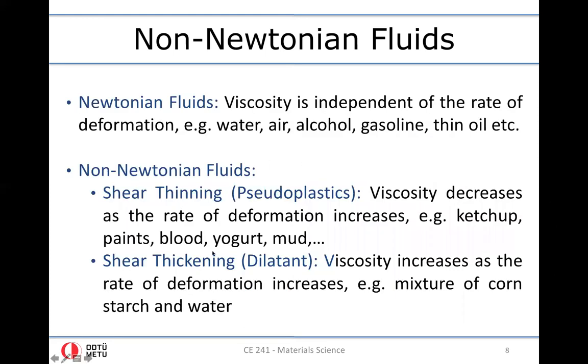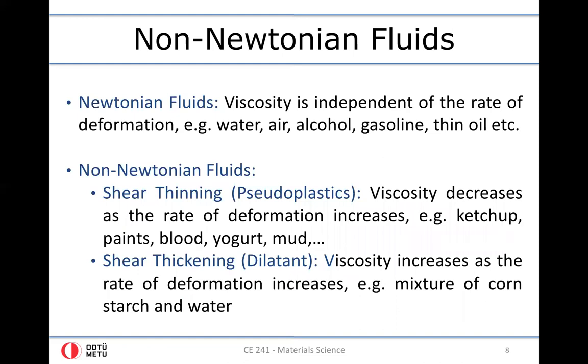So we have already defined what we mean by Newtonian fluids and non-Newtonian fluids. Examples for Newtonian fluids are water, air, alcohol, gasoline, thin oil. Thin oil means, as you know, the oil that can flow easily at room temperature.